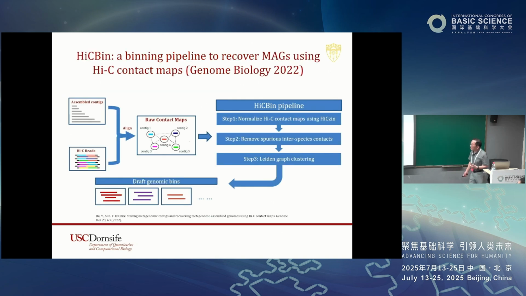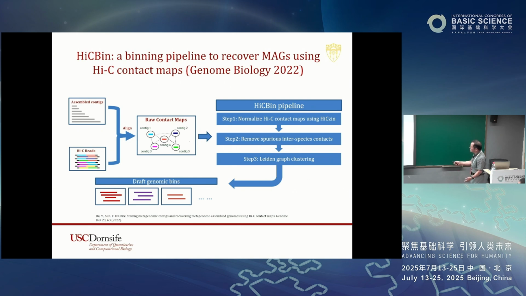You may have already seen a similar figure before. Here is the data, and then we get the raw count map. From here, we add those steps, using our normalization method.